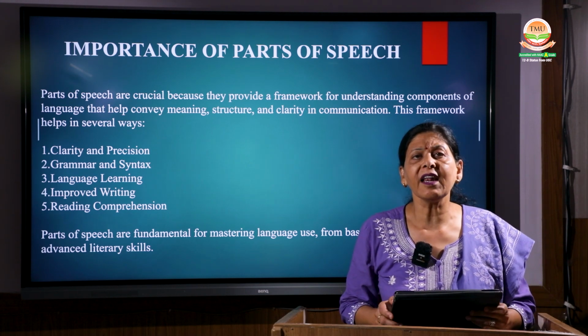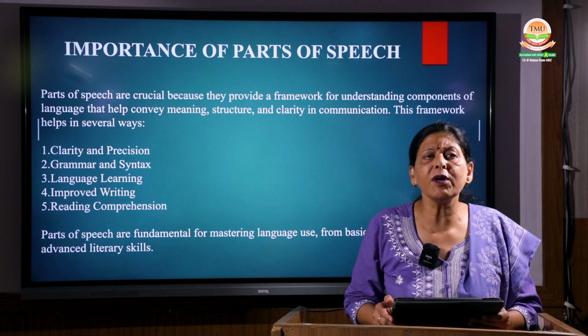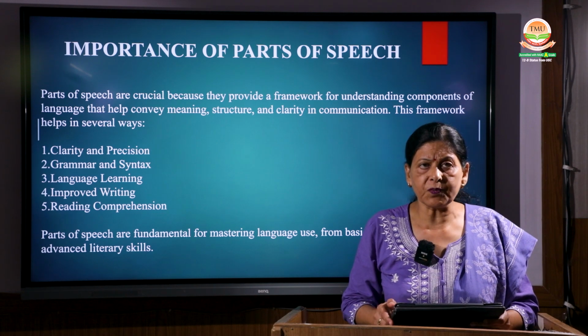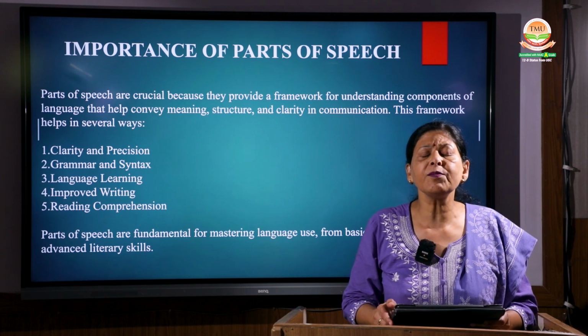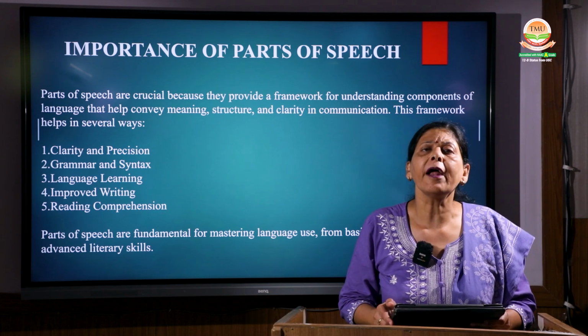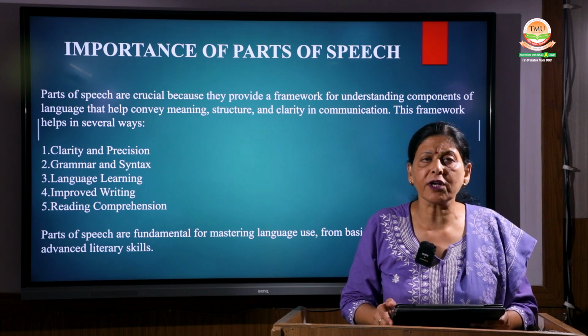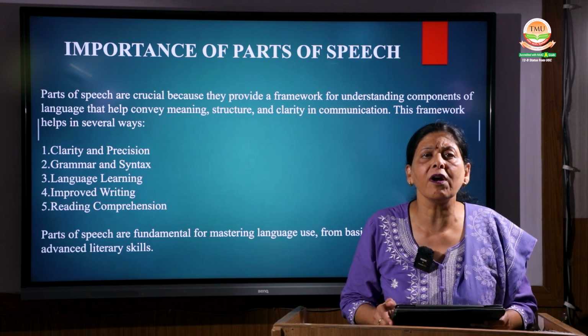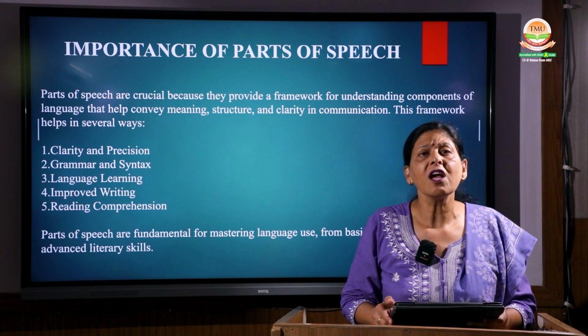I hope that till now you have been able to understand what parts of speech are, what the types of parts of speech are, what the definition is, what the importance is, and what role it plays in the English language.